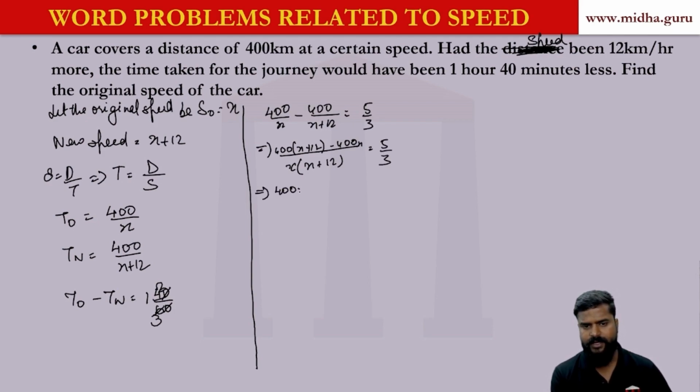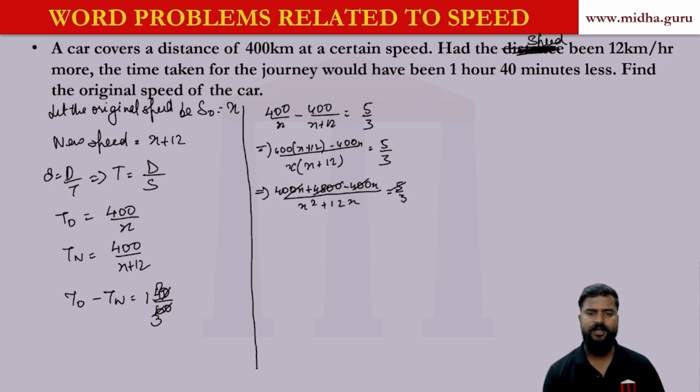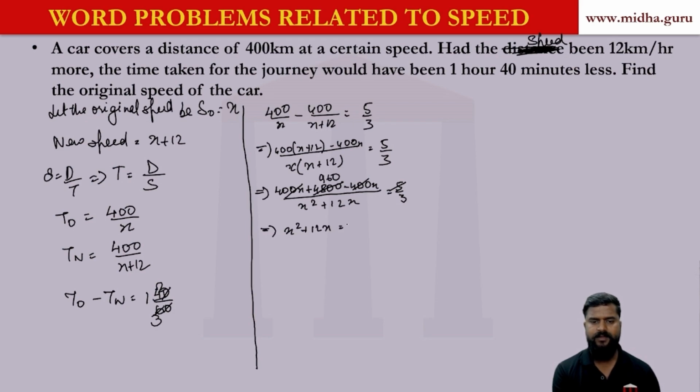So 400x plus 4800 minus 400x by x square plus 12x is equal to 5 by 3. 400x and 400x get cancelled out. So we can divide this 4800 by 5 directly, we'll get 960. So multiplying 3 here and this here, we'll get x square plus 12x is equal to 2880.